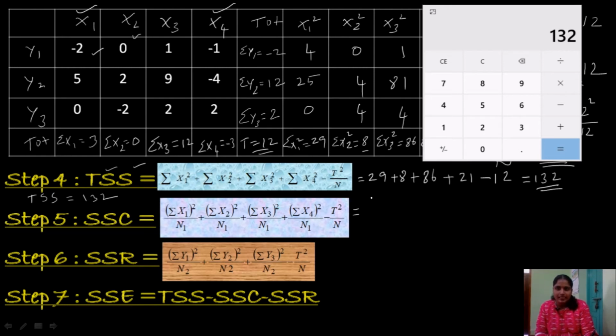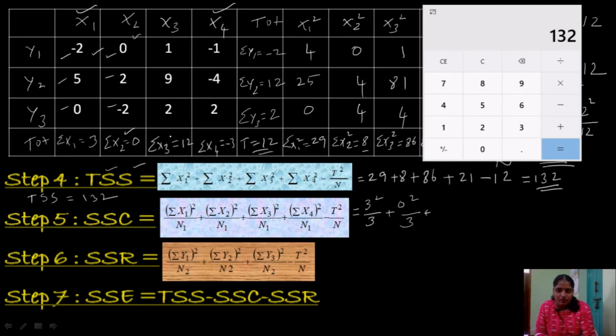That is sigma x1, that is 3 square over, under x1 we have 1, 2, 3, so we have 3 elements, plus sigma x2. Here sigma x2 is 0, so 0 square by, under x2 we have 1, 2, 3, so totally 3 elements, plus sigma x3.